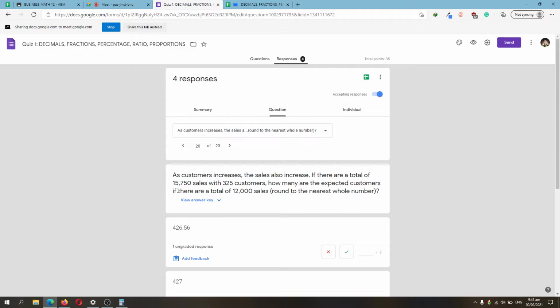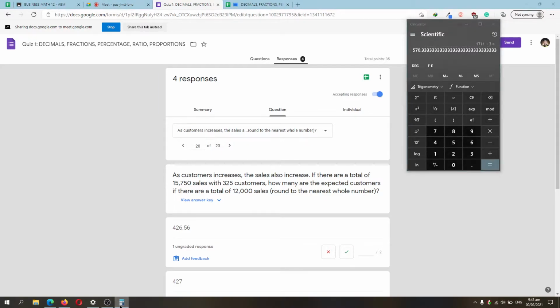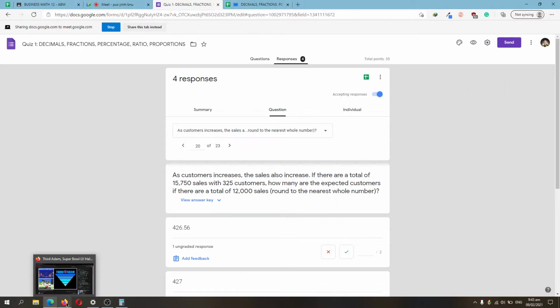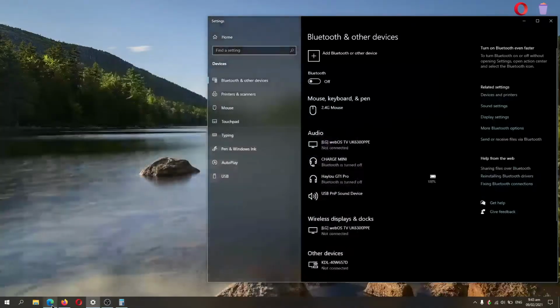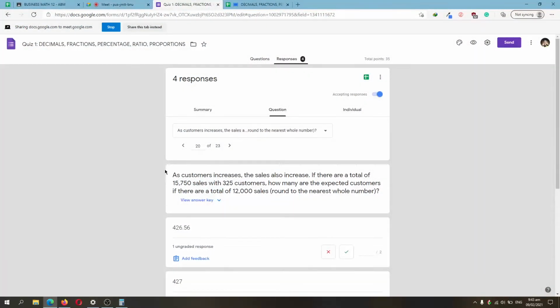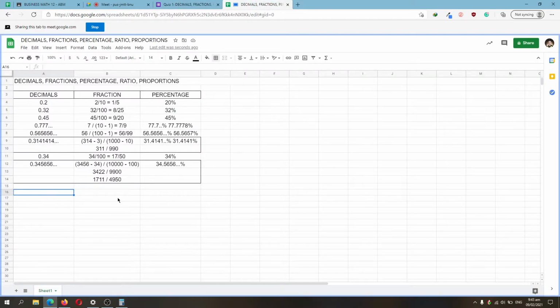So as customers increase, the sales also increase. So nag-increase daw yung ating sales kapag nag-increase yung customer.